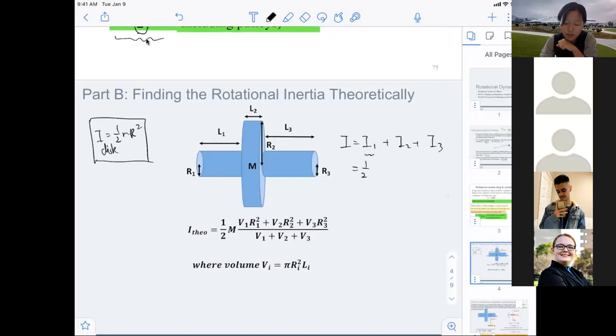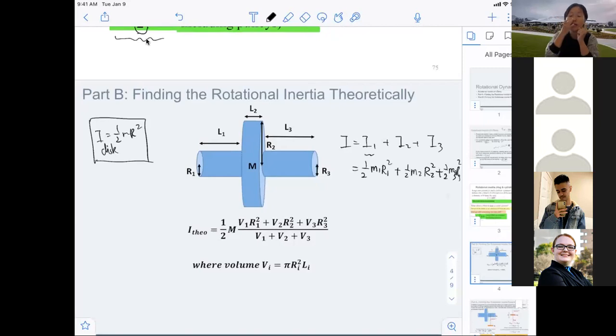Simply, they are shaped a little bit differently. So if I want to find I1, I will use mass 1 times R1 squared. And I2 is M2 and R2 squared. I3 is mass 3 times R3 squared. That's purely using my theory.